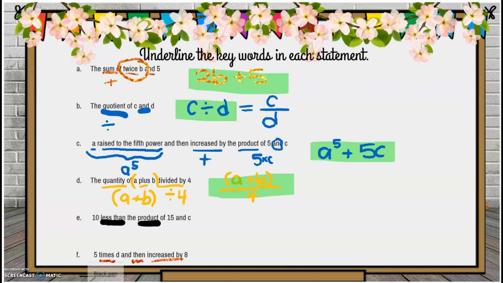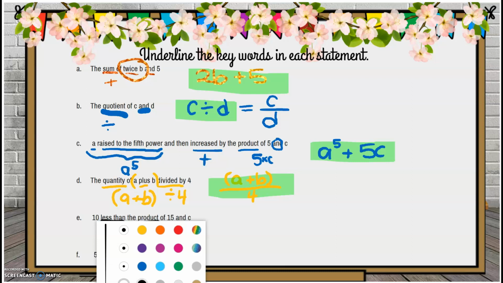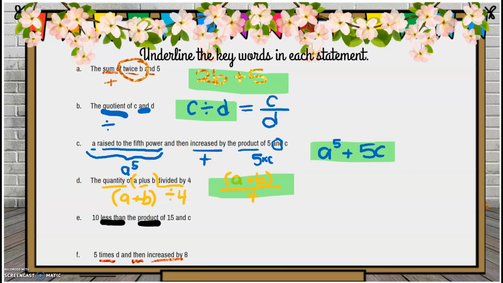The next one, 10 less than the product of 15 and C. So 10 is less than, right? Product tells me I'm multiplying. Less than tells me I could subtract. So first I'm going to write the product of 15 times C, and I'm going to subtract 10 from that.